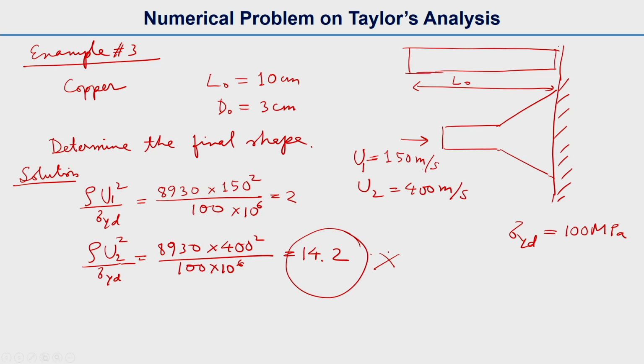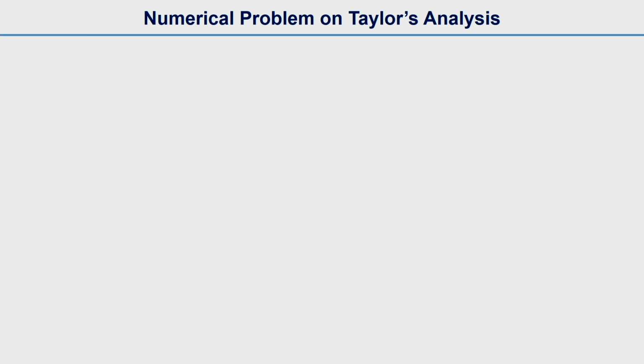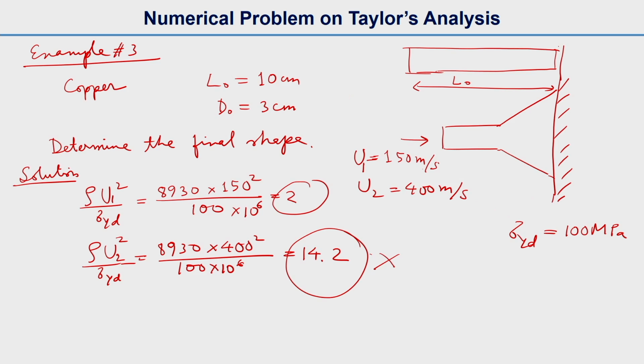So we will go with only this value of 2, and then if you remember the one plot between, on the x-axis, rho u square by sigma yd, and then on the y-axis we may have L1 by L. The L1 is, as you know, the final length, and L0 is the initial one.